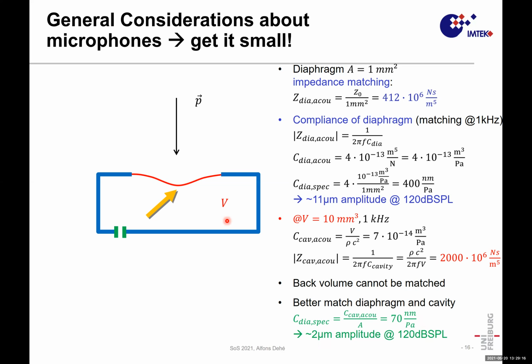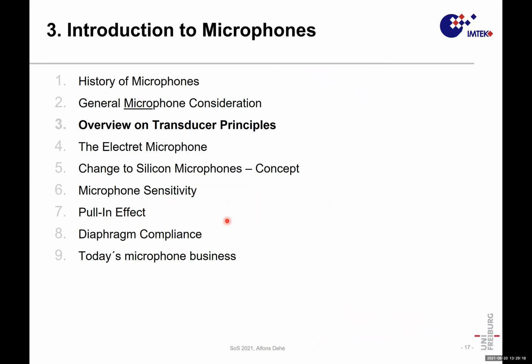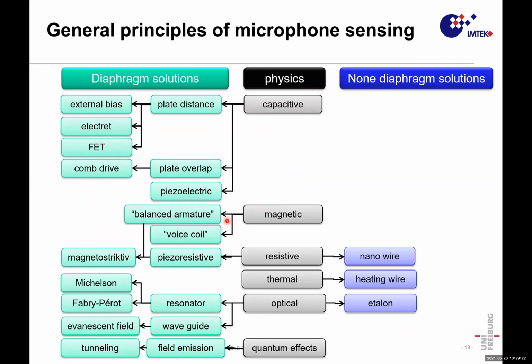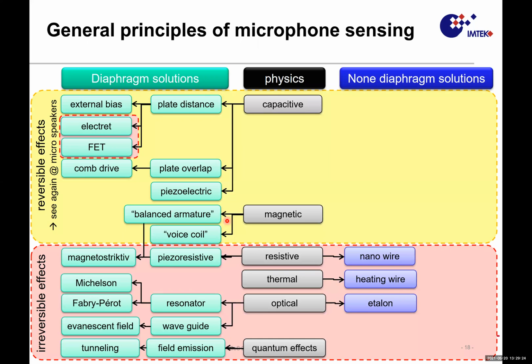Yes, so a lot about compliance then of the microphone. And as I said, jump over this, we need to finally sense the displacement of our diaphragm. And just to go through physical principles, we had seen the capacitive transduction principle, with different situations: the plate distance, but also plate overlap, or piezoelectric devices.